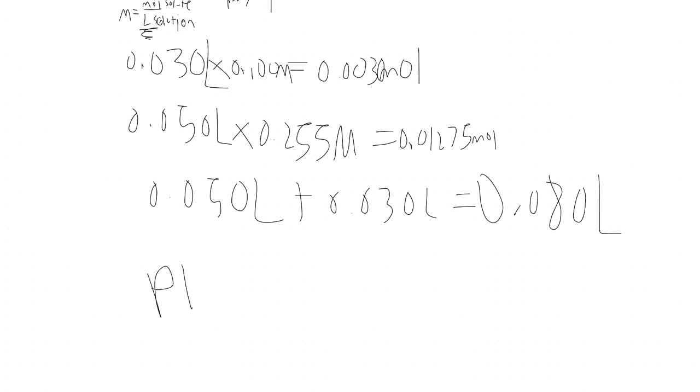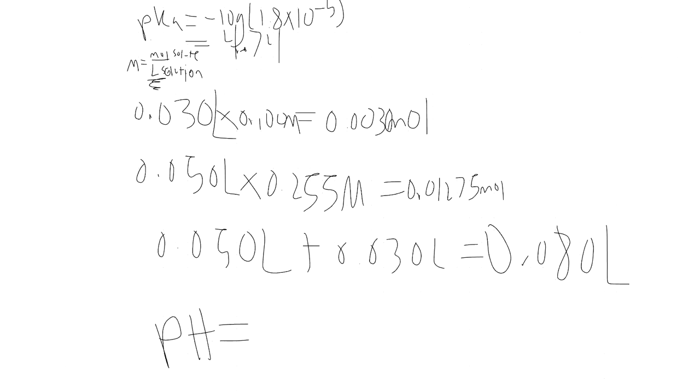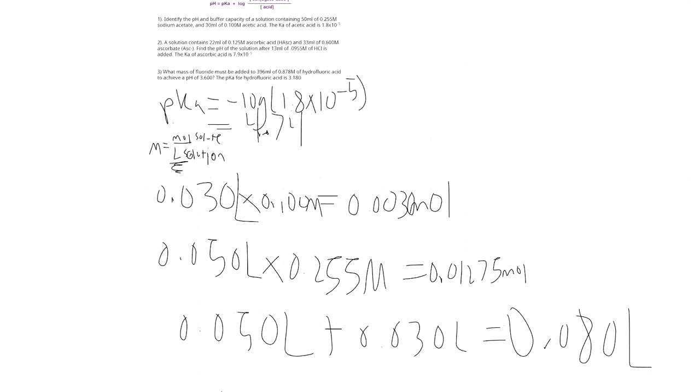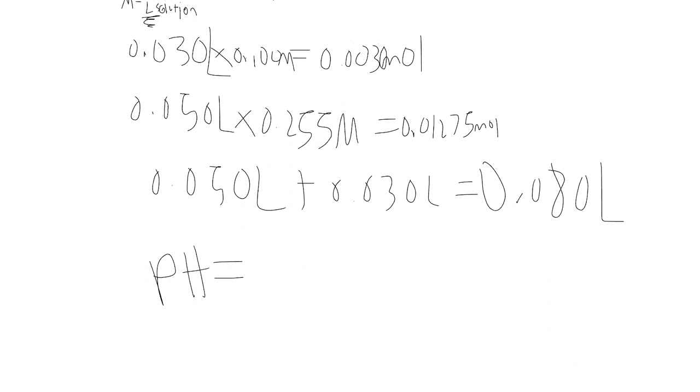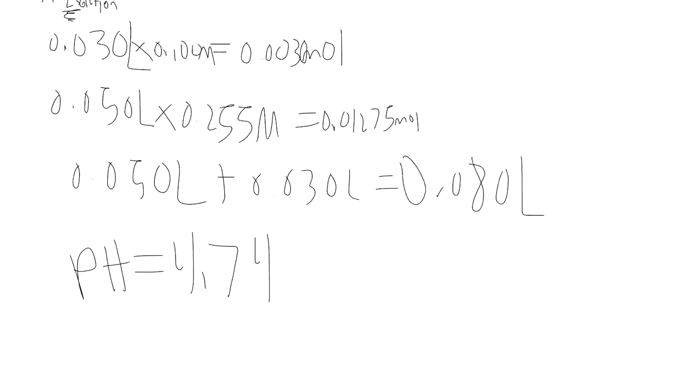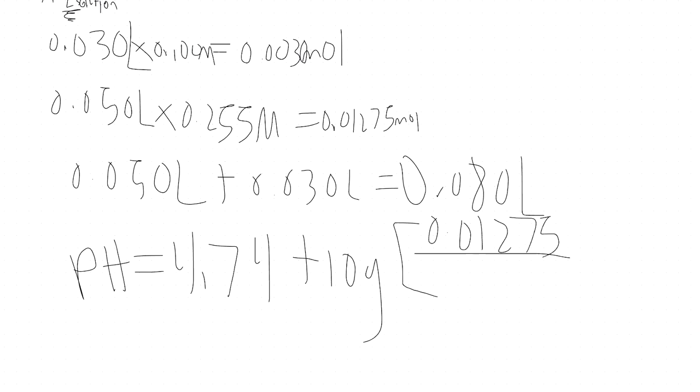Which is going to be pH, and remember that's what we're trying to find, equals the pKa, which is 4.74, plus the log of the concentration, in this case it's going to be the moles, of the conjugate base, which is sodium acetate, 0.01275, over the acetic acid moles, 0.003.